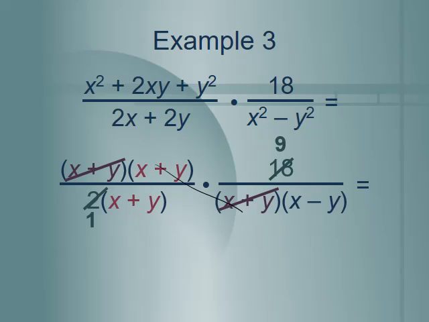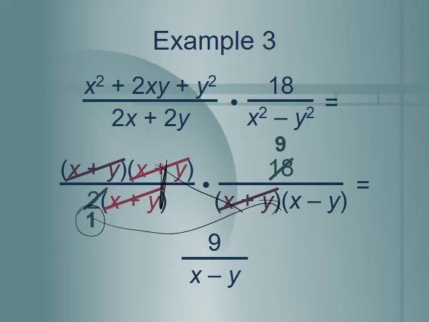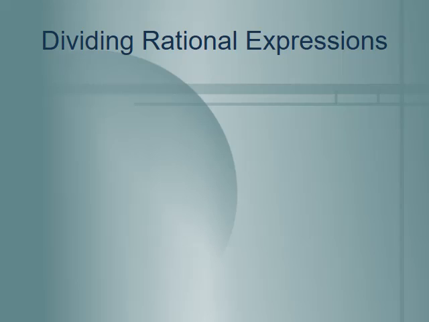And of course, it doesn't matter which x plus y you use. And then we also have this, which can reduce up and down. So we're left just simply with 9 over x minus y. We had this 1, but 1 times x minus y is x minus y.